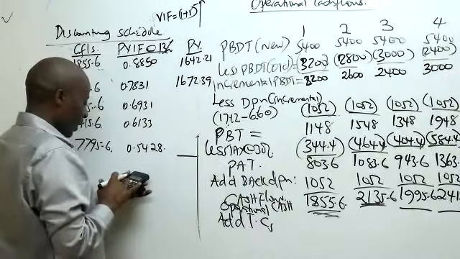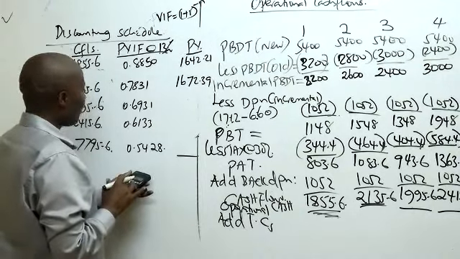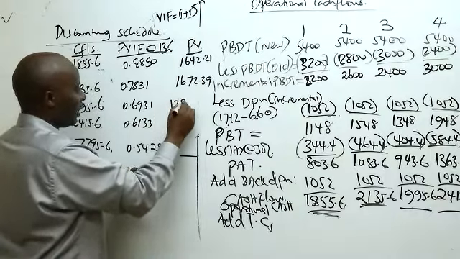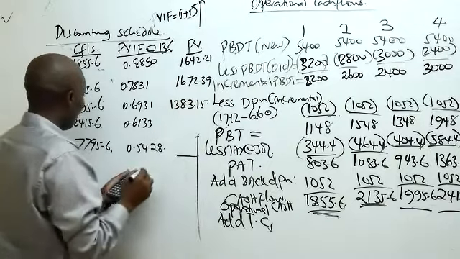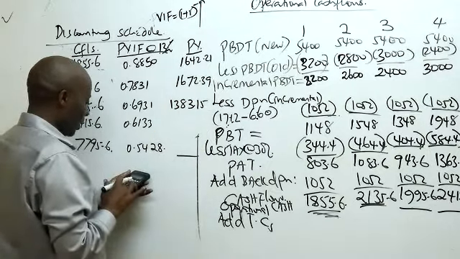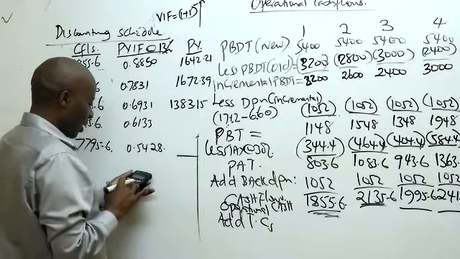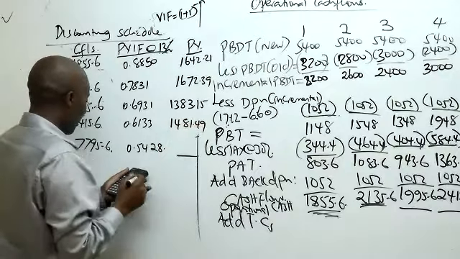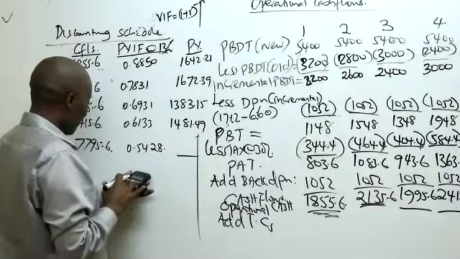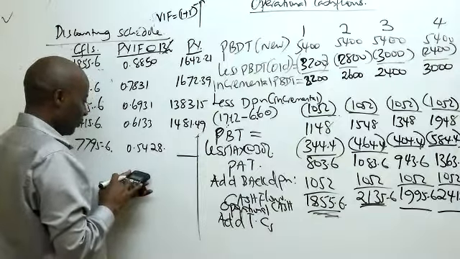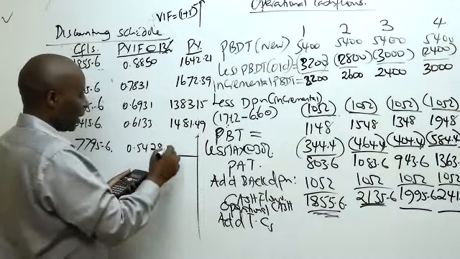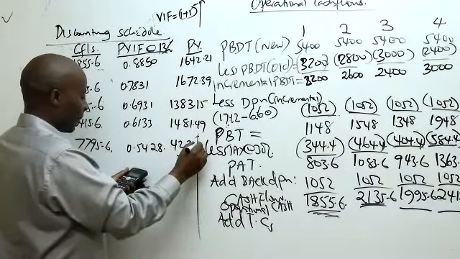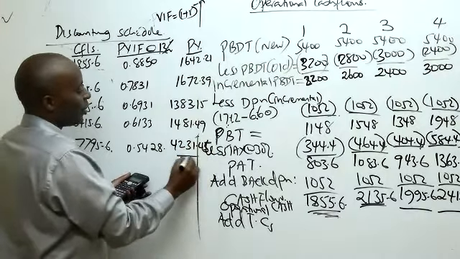Then 1995.6 times 0.6931, giving us 1383.15. 2415.6 times 0.6133 gives me 1481.49. Lastly, 7795.6 times 0.5428, giving us 4231.45.